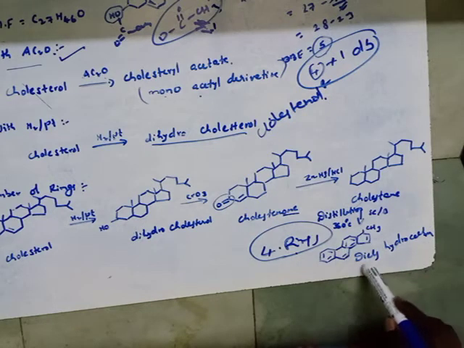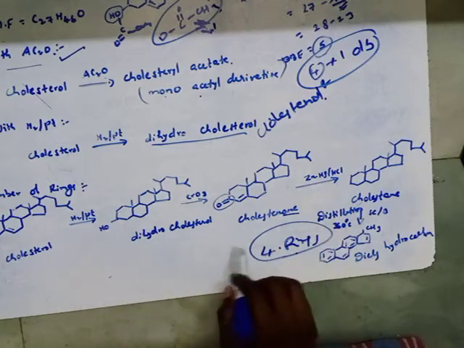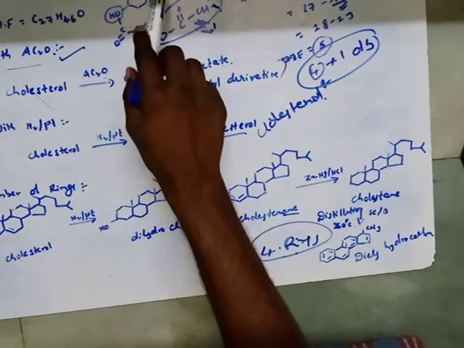This structure is known as Diels hydrocarbon. The overall structure indicates that there are 4 rings in the cholesterol structure.